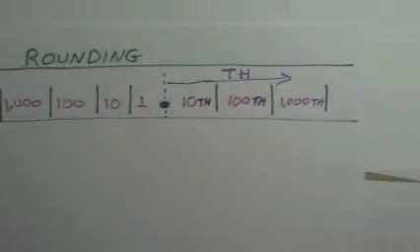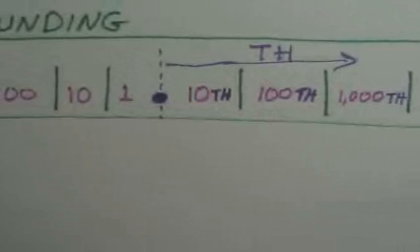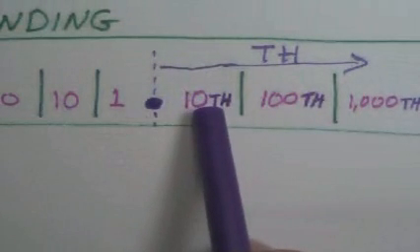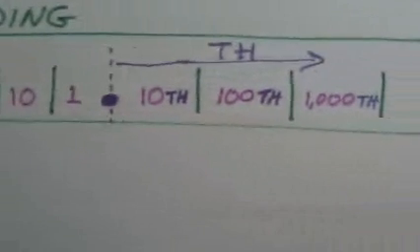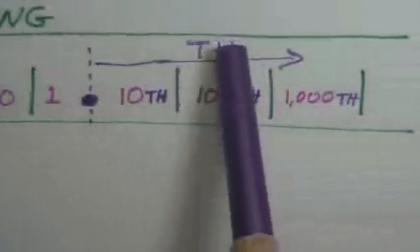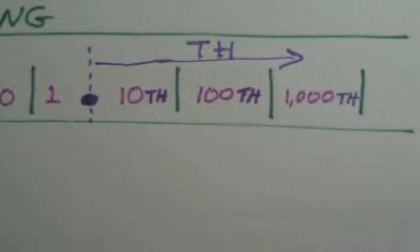And on the right side, notice that there's no ones column on the right of the decimal. It's tenths, hundredths, and thousandths. Notice that they all have TH. So everything to the right of the decimal has TH.